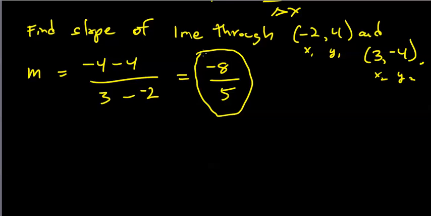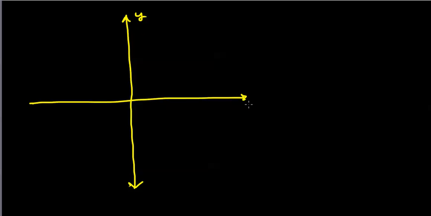If I was to graph these points, (-2, 4) and (3, -4), let me graph these and show you what's going on here. Let's see, -2, 4 puts me here. 3, -4: when x is 3, y is -4.